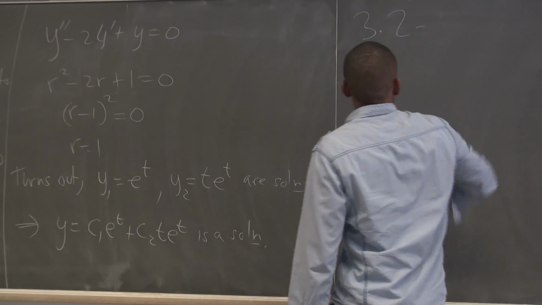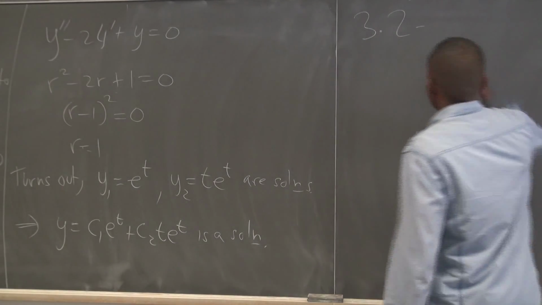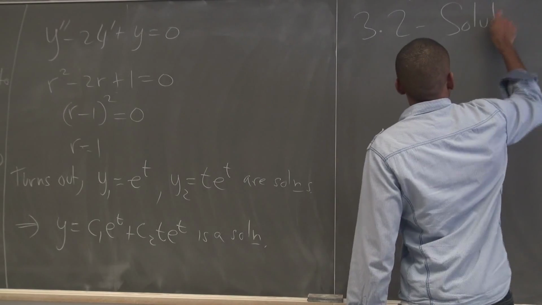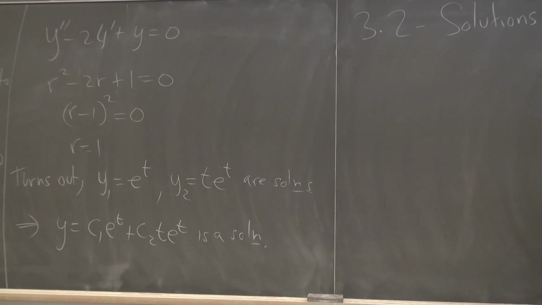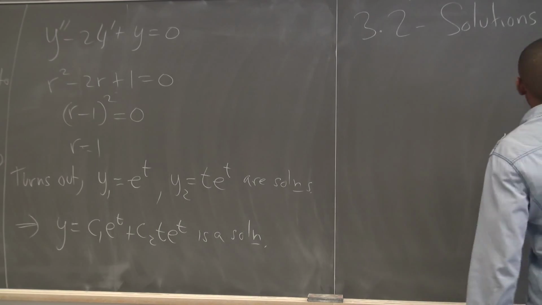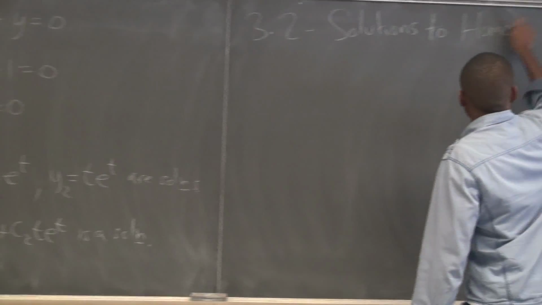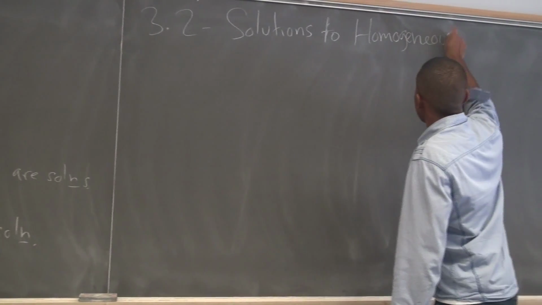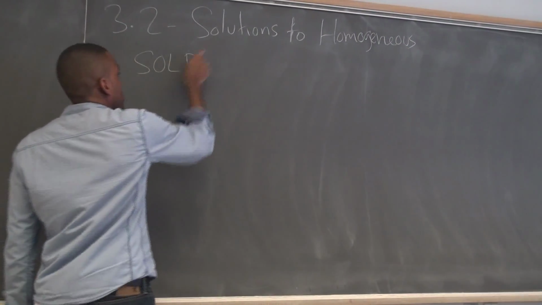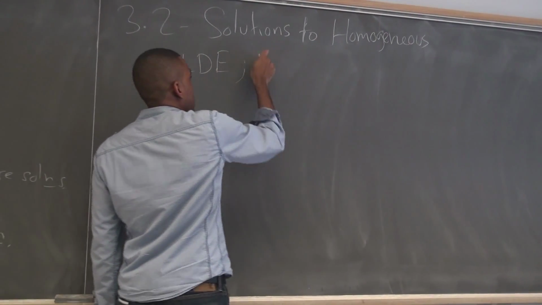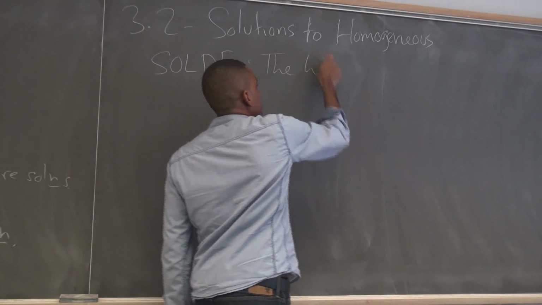That brings us to 3.2. And 3.2 sort of investigates why this is. And it introduces a guy called the Wronskian.